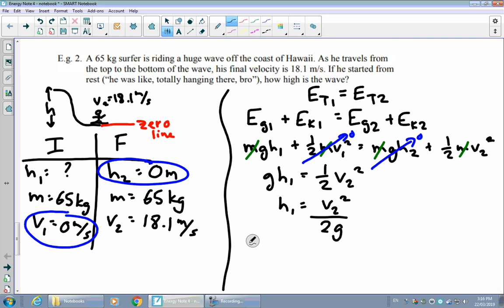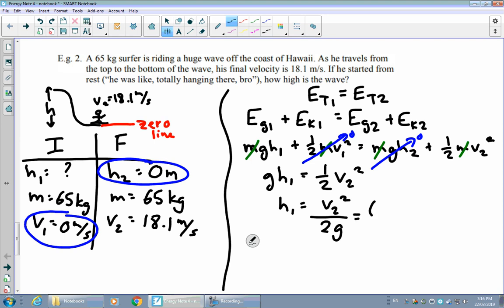Because 1/2 v2 squared is really the same as taking v2 squared and dividing it by 2. So if it was already being divided by 2 and then I also divide it by g, then I can just write it in that way. So it's v2 squared divided by 2g. Means the same thing. Now I can just plug in the things that I was given.